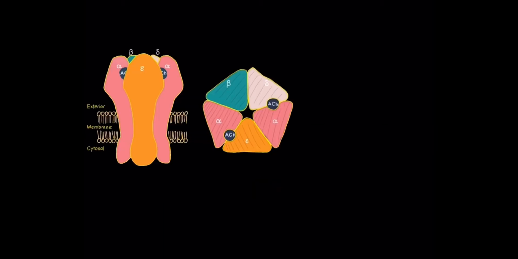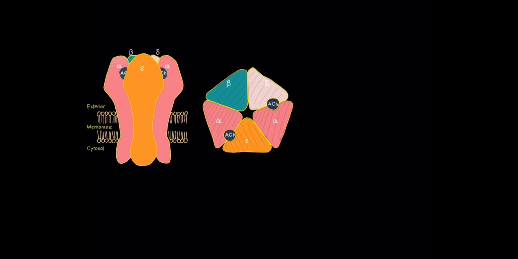So here is a diagram of the nicotinic acetylcholine receptor that is located on the muscle membrane, which is on the post-junctional side of the neuromuscular junction. You can see that it is a transmembrane protein in that it spans the width of the muscle membrane from the cytosol to the exterior of the membrane.